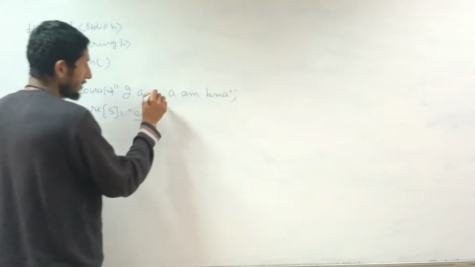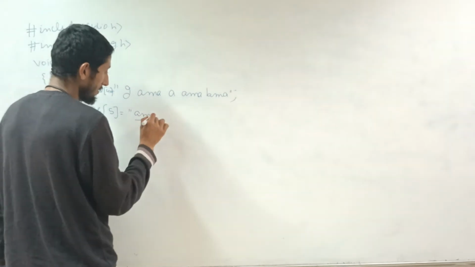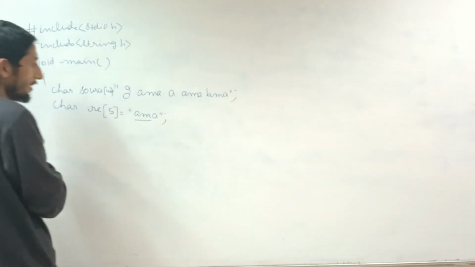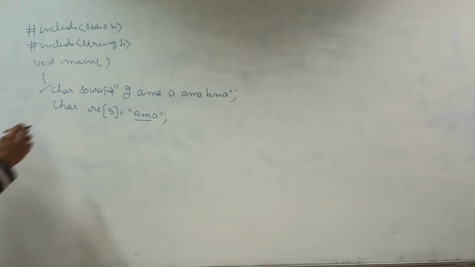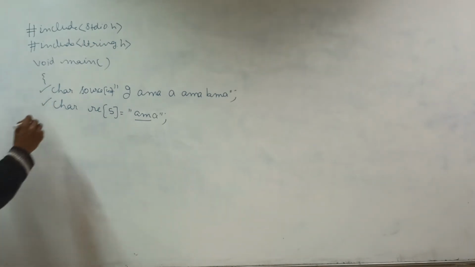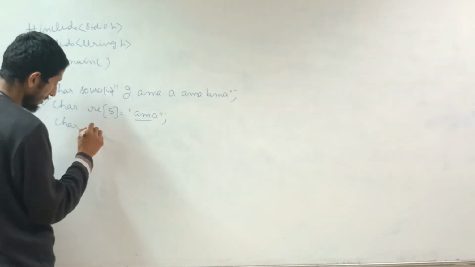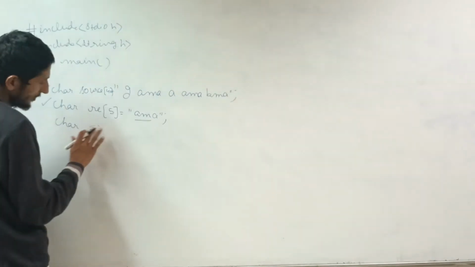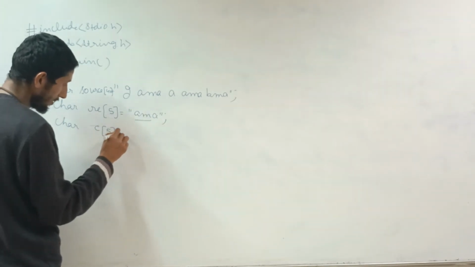You can take one more character; it is not necessary to be 2 characters, you can take 3 characters as well. So that is the source string, and that is the substring. You can take one more string, that is C, with which you want to replace a character, let's say 1.